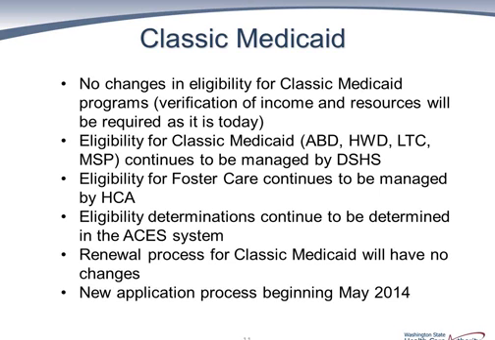Eligibility determinations for those programs that I mentioned, the Aged, Blind, Disabled, HWD, long-term care, and Medicare Savings programs, continue to be managed by DSHS, either at the Community Service Office or at one of the ALSA offices throughout the state.